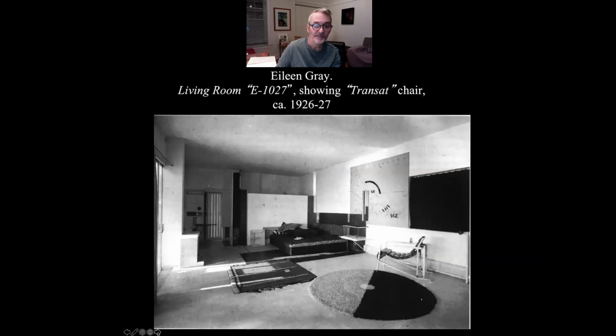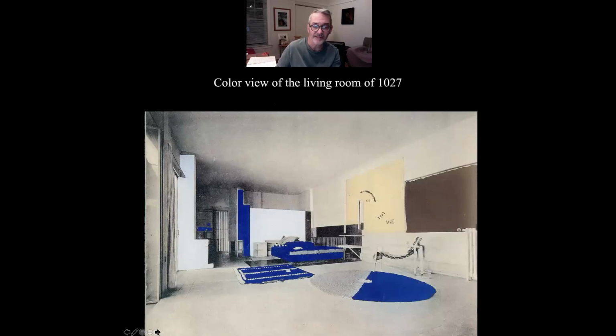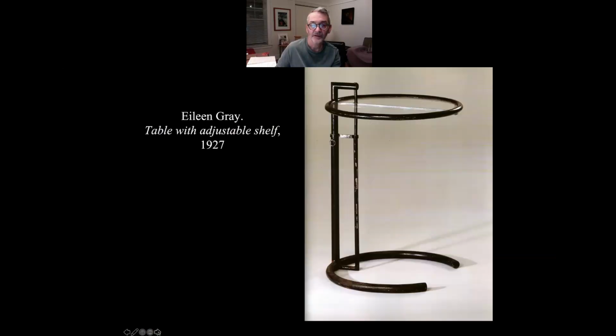Okay, so here's an interior with her Transat chair. This is a colored view of the photograph, sort of like a collage. Adjustable table. Steel.